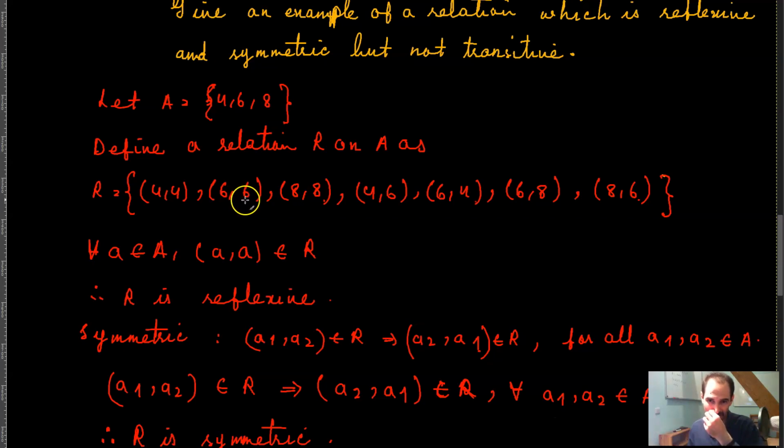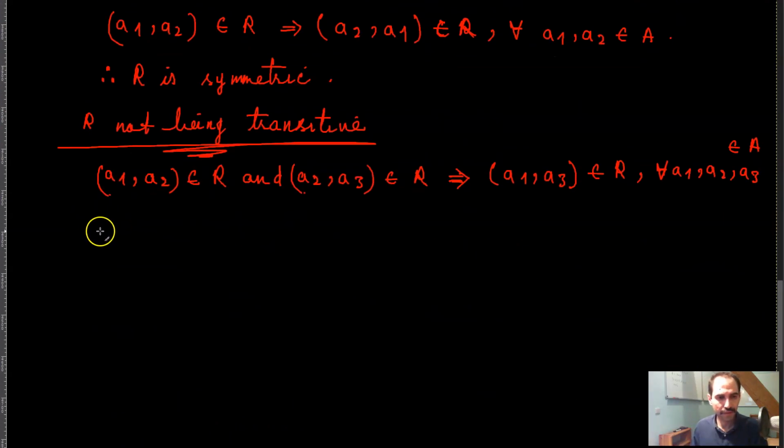So how do we show that R is not transitive? (4, 6), (6, 8). (4, 6) and (6, 8), and (4, 8) is not there. As you can see, (4, 6) is there, (6, 8) is there.